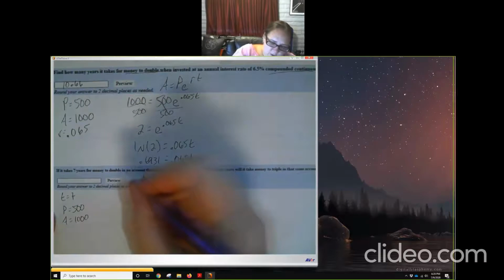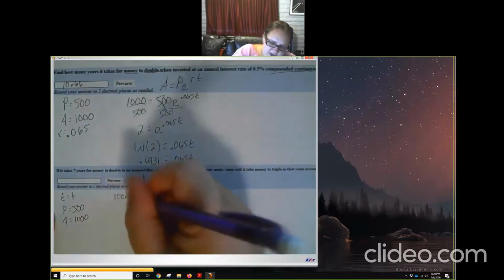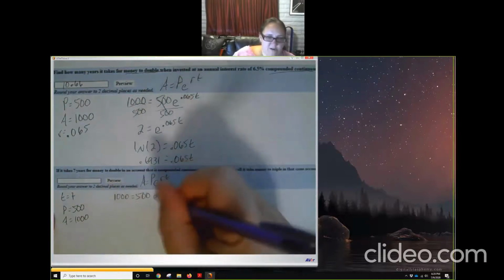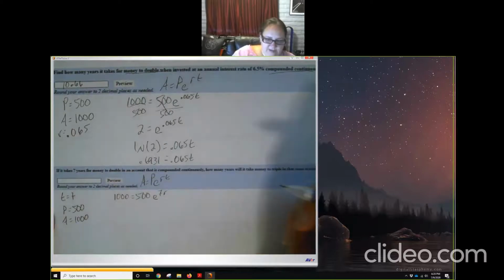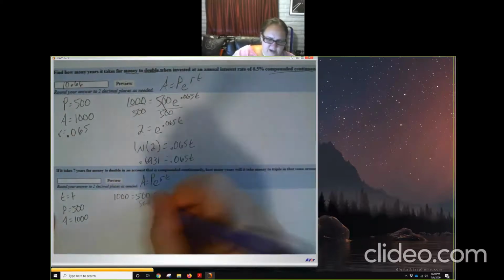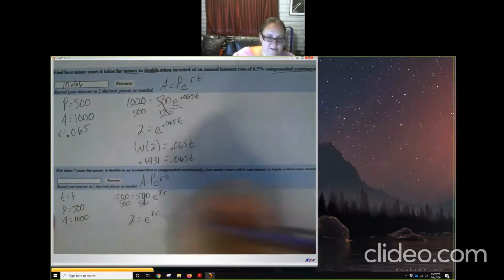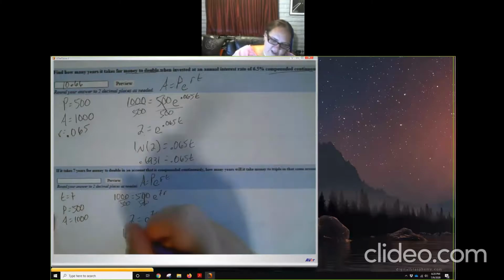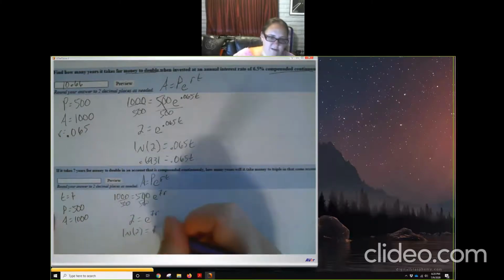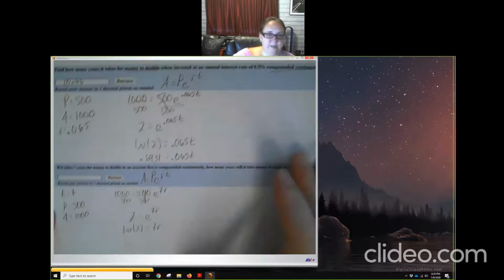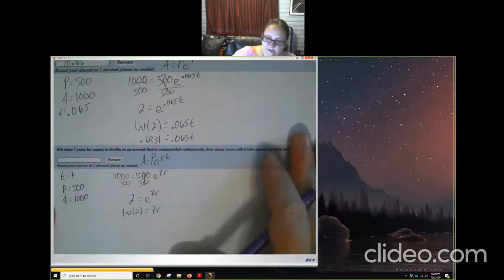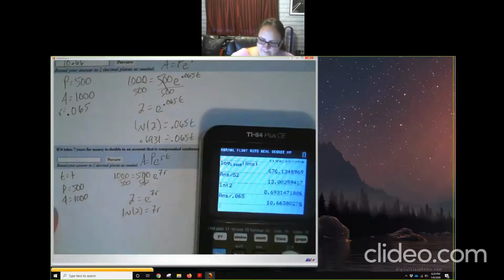So let's say 1,000 equals 500e to the 7r. Divide both sides by 500. So 2 equals e to the 7r. And then again, we have the ln of 2 equals 7r. So the ln of 2, and then divided by 7. My rate was 0.099.